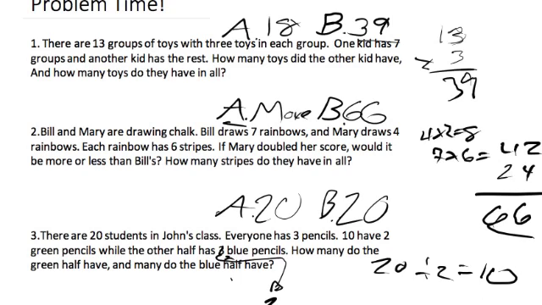So splitting 20 into 2 halves, and one half has 20 blue pencils, because it's 2 times 10, and the other has 20 green pencils. So it's 20 and 20. So that's how you get it.